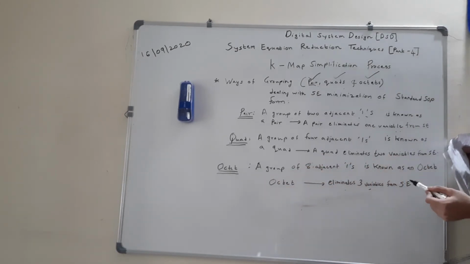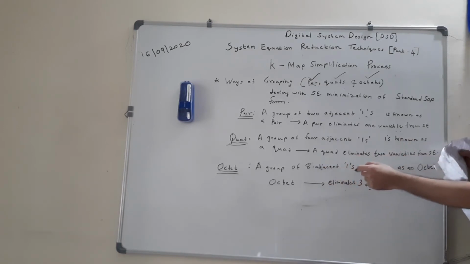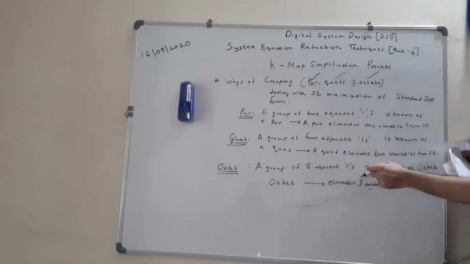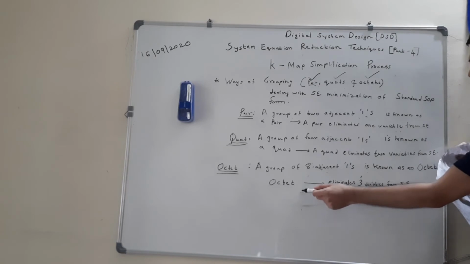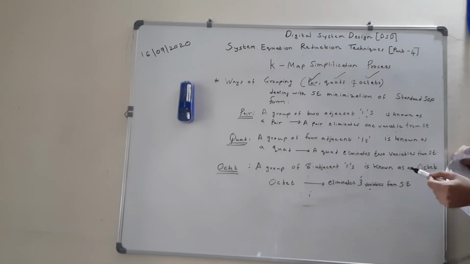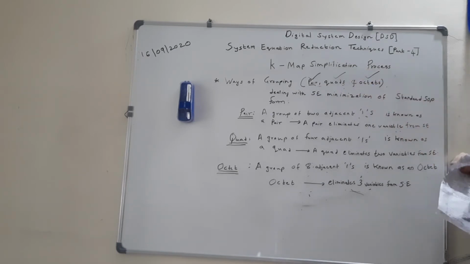When we form a group of 8 ones which are present in adjacent cells, it is written as: a group of 8 adjacent ones is known as an octet. And when a group is formed using an octet, that is 8 adjacent ones, that group eliminates 3 variables from your final system equation. So this is how you minimize the expression by grouping in the form of pairs, quads and octets.